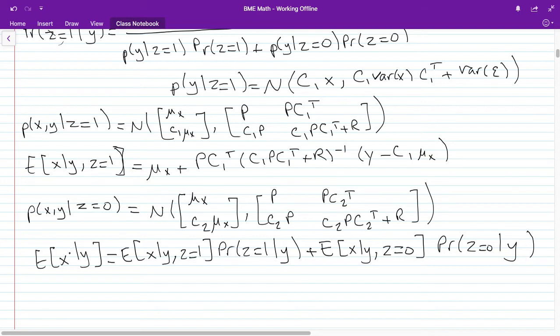So what's the expected value of x given y? Well, I have two models. They came from a common source. They came from separate sources. I weigh that by the measurement that I made, the probability of it being a separate source and the probability of it being a common source, and that gives me the expected value of x given y.